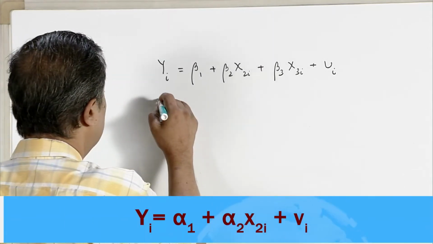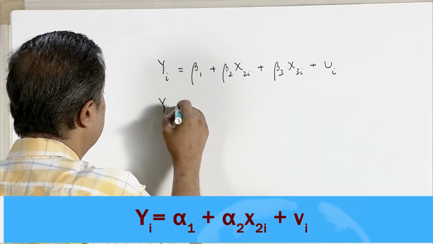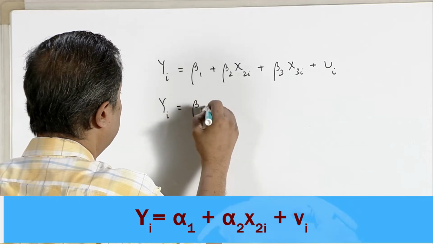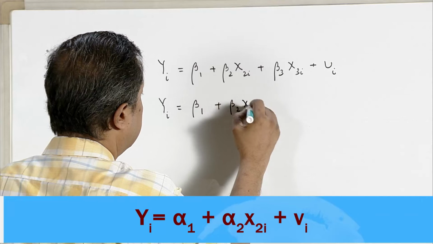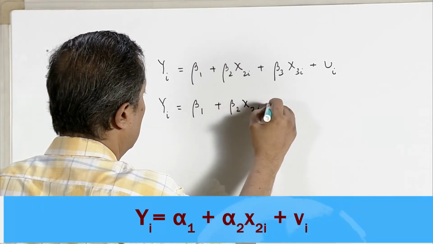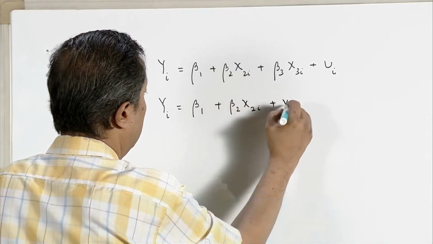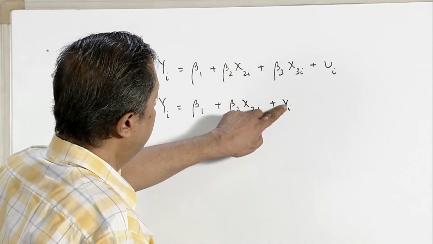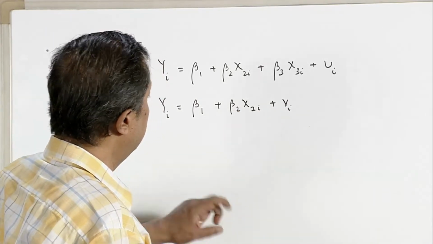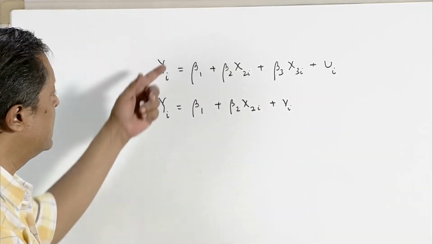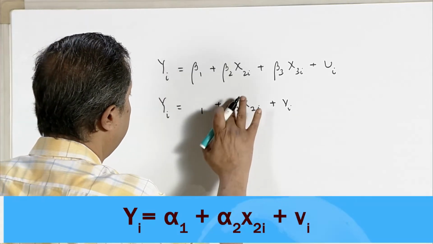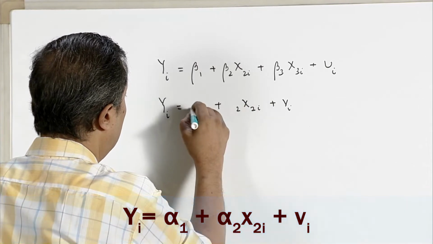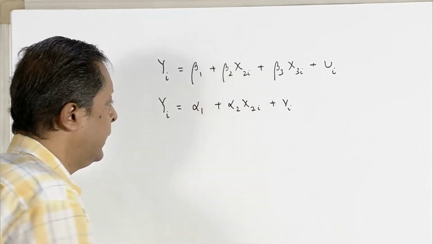Suppose that one variable is omitted. For example, x3 is omitted. So, the second line shows the incorrectly specified model. To distinguish between the two models, we may use the notation alpha 1 and alpha 2 instead of beta 1 and beta 2.